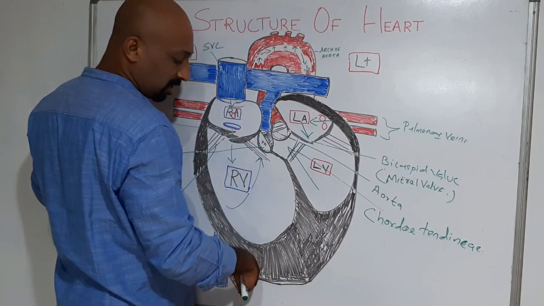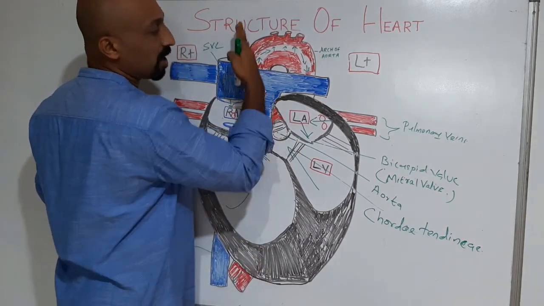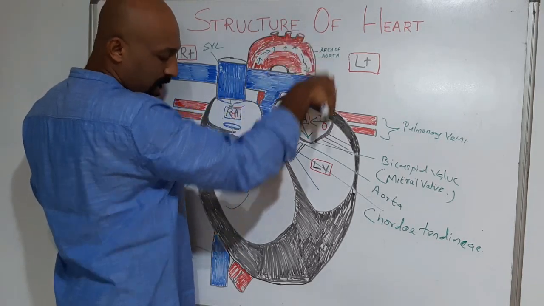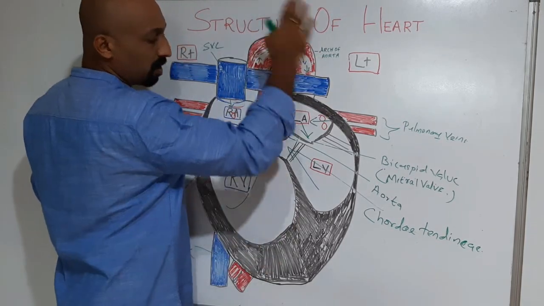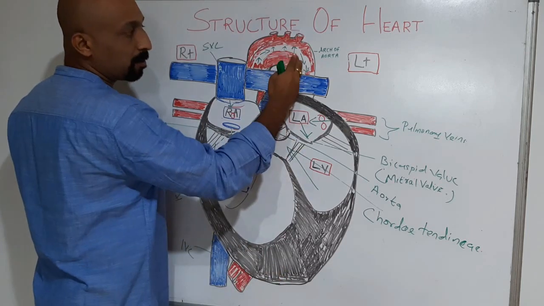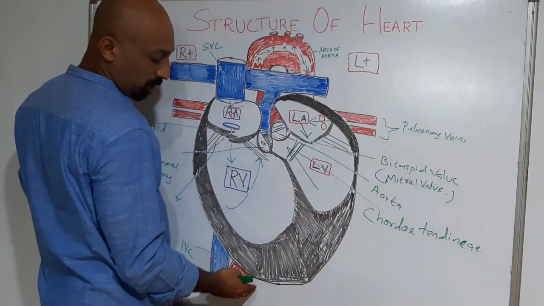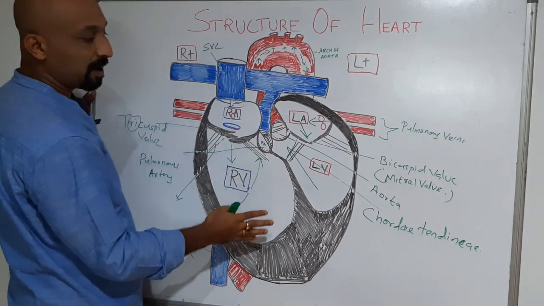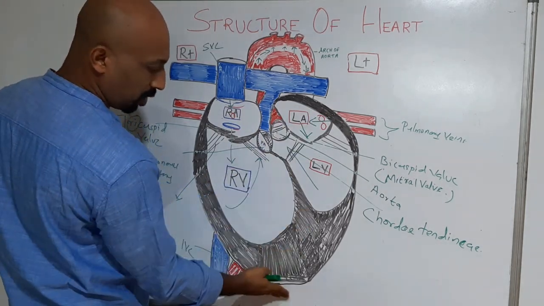When it goes down, it is the descending aorta, and when it comes up, it is the ascending aorta. So the three parts of the aorta are the ascending aorta, the arch of aorta, and the descending aorta. The oxygenated blood reaches the whole body, all vital organs. So this is the basic structure of the heart.